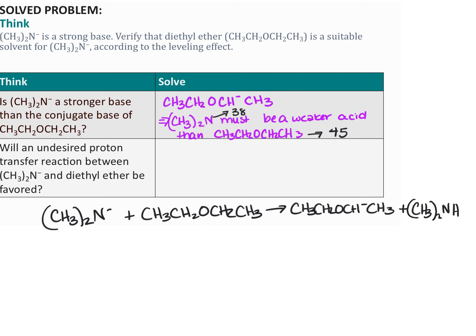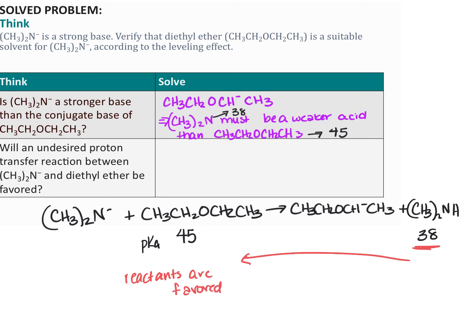And so based on what we were looking at before, if this pKa is 45 and over here this pKa is 38, then this is the lower pKa, and so what we're going to see here is that our reactants are favored, and they're favored by a lot, right? So 45 minus 38. My math is right, that's 7, so that'd be 10 to the 7th, okay?